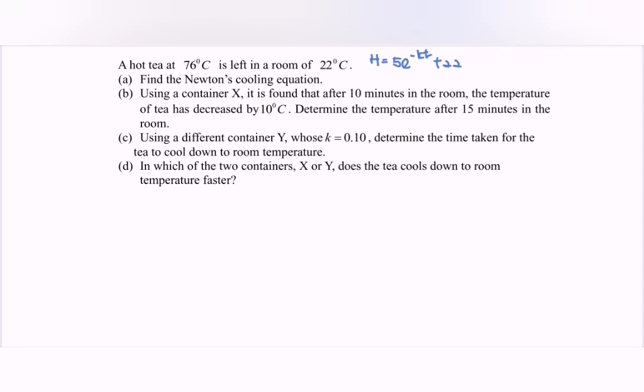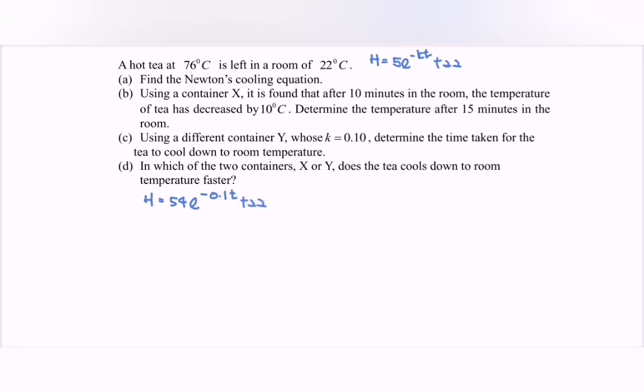Part C. Using a different container Y whose k is 0.1, determine the time taken for the tea to cool down to room temperature. So here we have H equals 54 exponent negative 0.1t plus 22. The question asks for the time to reach room temperature 22, so substitute: 22 equals 54 exponent negative 0.1t plus 22. Rewriting, 0 over 54 equals exponent negative 0.1t, so t equals ln(0) over negative 0.1.